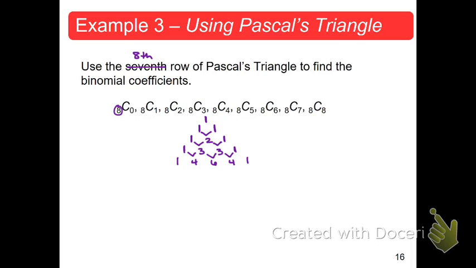So then again, 1, these are going to give me 5, 10, 10, 5, 1, 1, 6, 15, and we just keep going here until we get to the one that has the 8 as our second number. So we got 2 more rows to go.